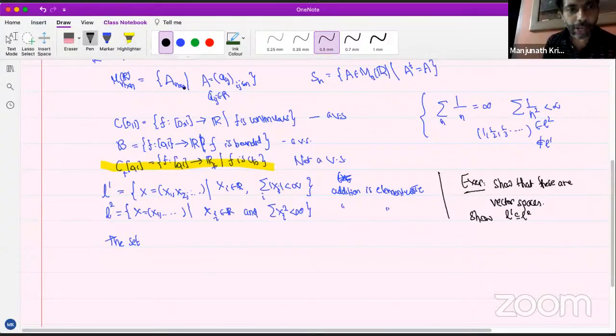Okay. So now let me give a slightly different kind of example: the set of solutions to the ODE.